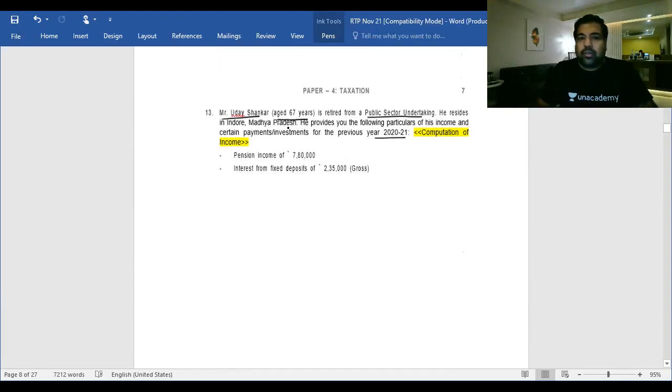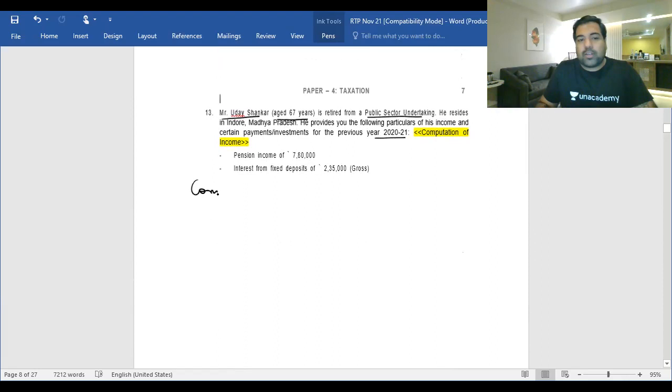He resides in Indore. Uday Shankar is assumed to be a resident, guys. And for a resident, what all income? Let's tally it. First, how will you start this? You'll write computation of total income of Uday Shankar for the year, whatever the year it is. And then you will write particulars, amount. And you will start with income from salaries.